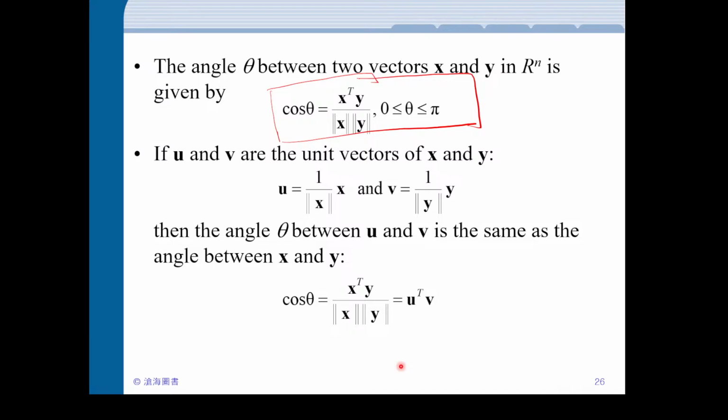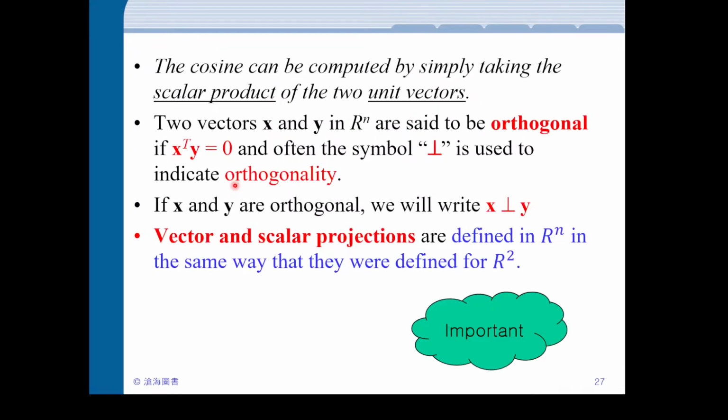Once again, this is all defined in terms of inner product because the length is also defined in terms of inner product. So cosine can be computed through this scalar product.